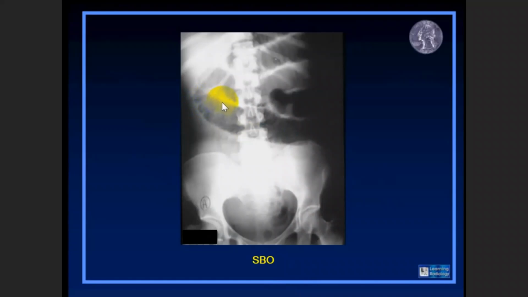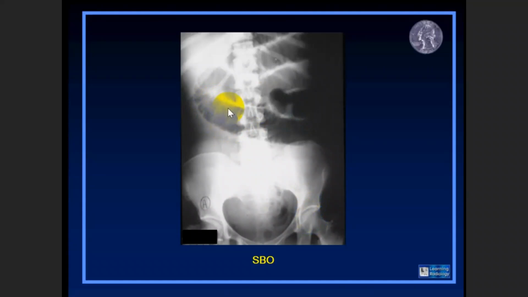This is characteristic for small bowel, not like the haustra of the colon. This is the haustra of the colon, which are wide arches in the colon. But the valvulae conniventes are very tiny folds within the small bowel mucosa.